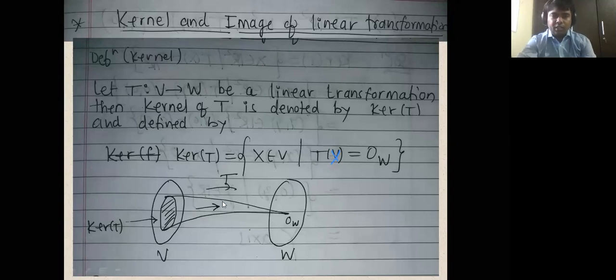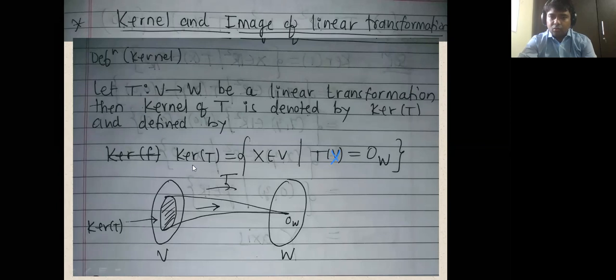So you can see here in the diagram, T is a linear transformation from vector space V to vector space W. So kernel is a collection of those vectors in the domain whose image under T, whose T value, remember, that means if I apply T on these elements, they all will be equal to the fixed value on this side as 0.